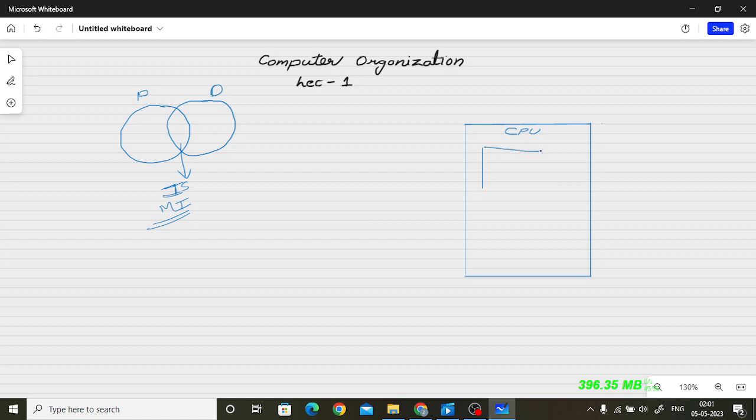There's one control unit that will be present in this CPU, and there were registers that are also present in this CPU.